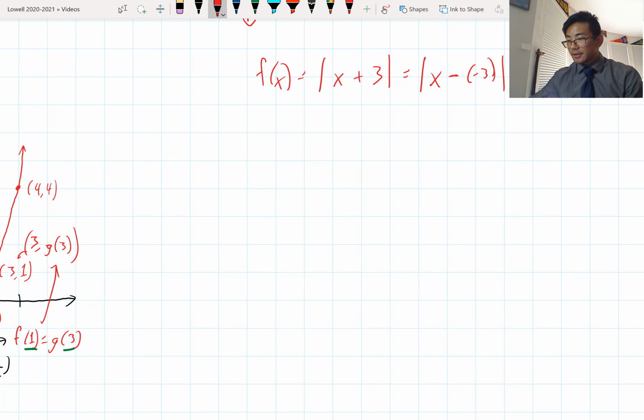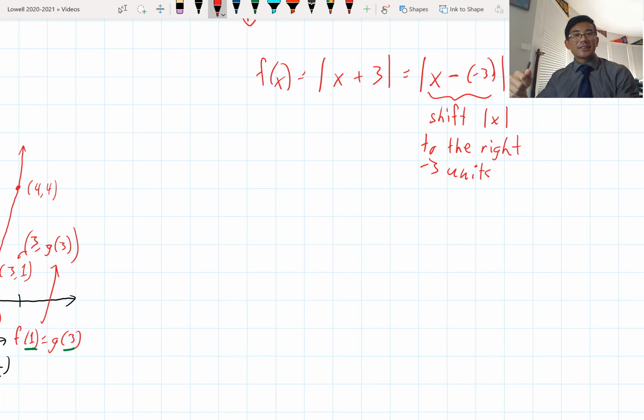Because now this says shift the original parent function, absolute value of x, to the right. Always think of it as to the right, negative 3 units. Now, negative 3 units to the right actually just means 3 units to the left, remember?